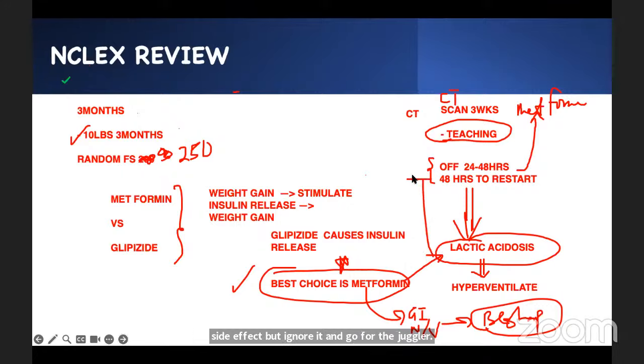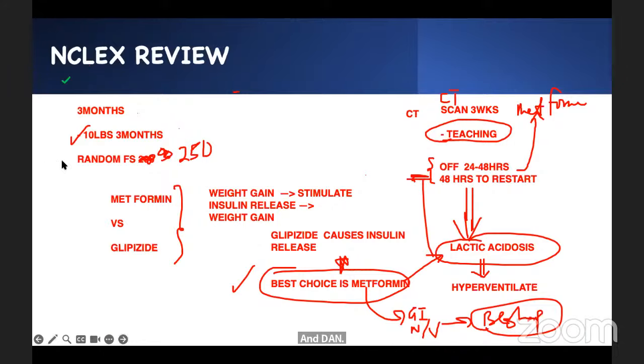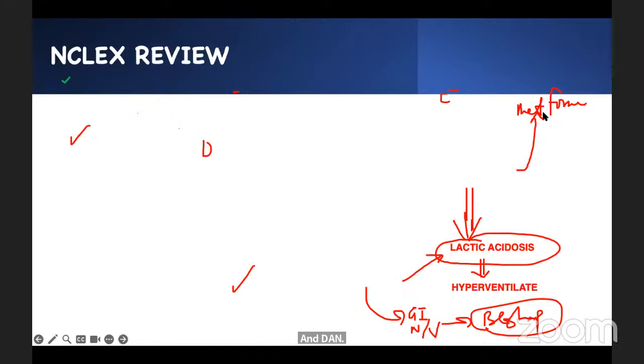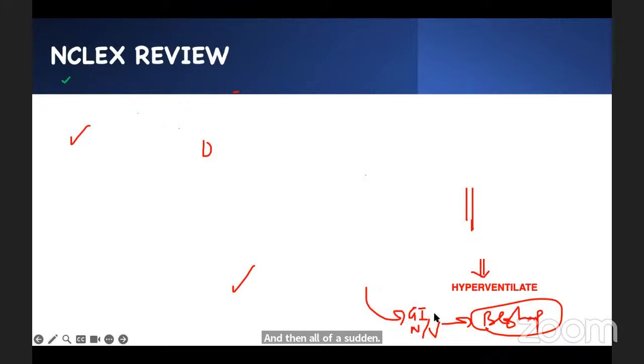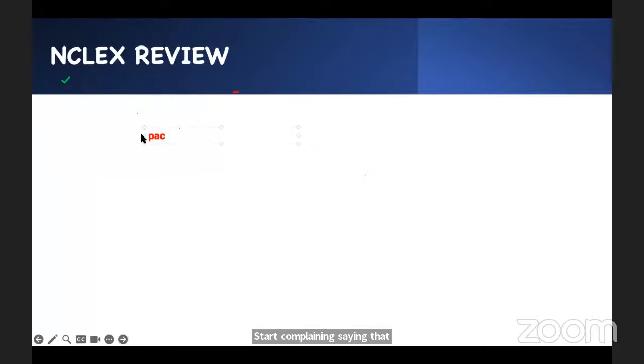You let them stop the medication 24 to 48 hours before they do that. Did that, everything is perfect. She had a CT scan. And then all of a sudden, she came into the clinic and started complaining that she's been pacing all the time and she can't stay still.